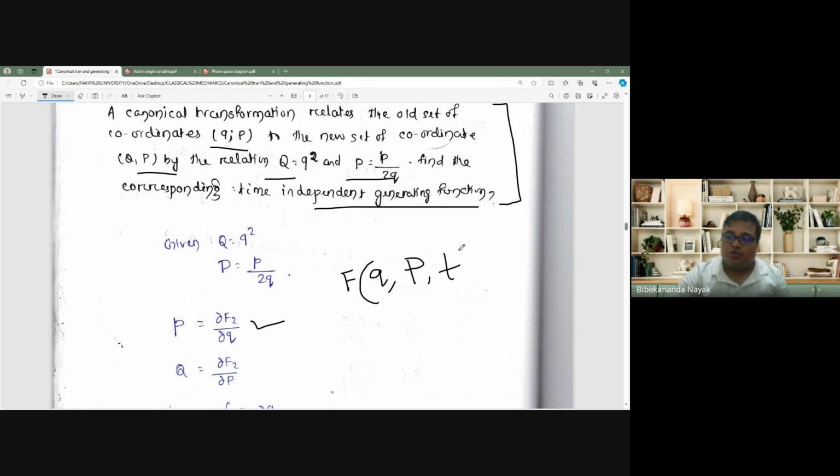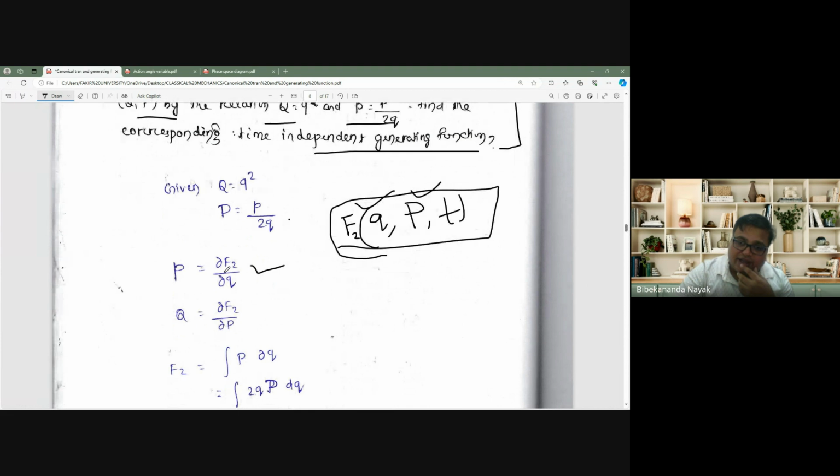In general we use f2 in all cases if it is not exactly given. Because it is one q coordinate and one p coordinate, according to the formula small p is equal to del f by del q, and capital Q is equal to del f by del p. So we take f2 here.